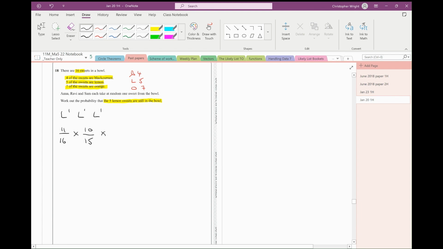And then the third person has 9 non-lemon sweets remaining out of the 14. So the probability is given by those 3 fractions multiplied together, which is 990 over 3,360, which cancels down to 33 out of 112.